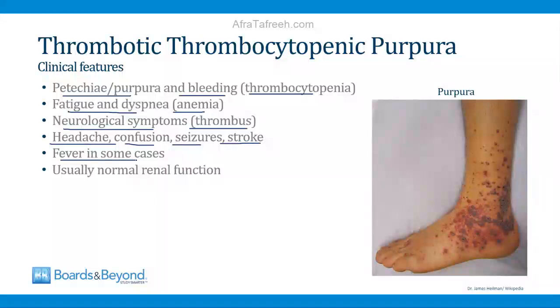It's considered one of the classic features of TTP, although it's actually only present in a minority of cases. And then finally, the renal function is usually normal. Later in this video, we'll talk about a syndrome related to TTP called the hemolytic uremic syndrome. In that disorder, there's often acute kidney injury, but usually the renal function is normal in patients with TTP.